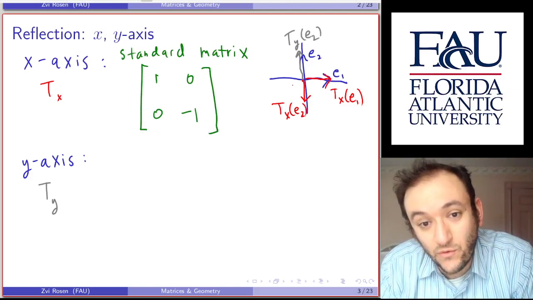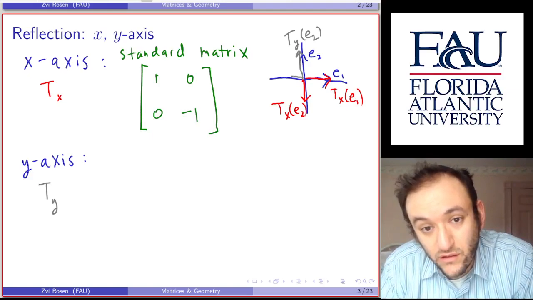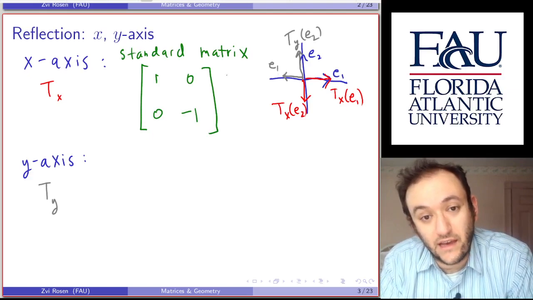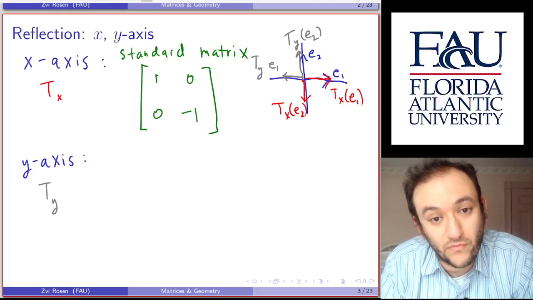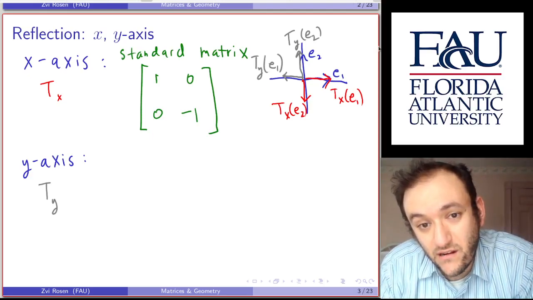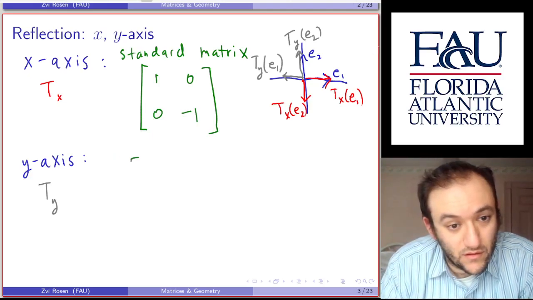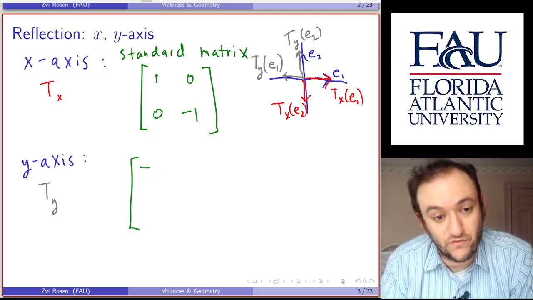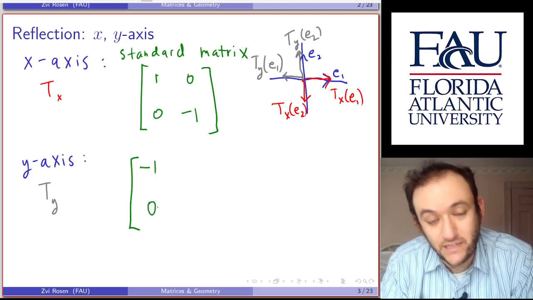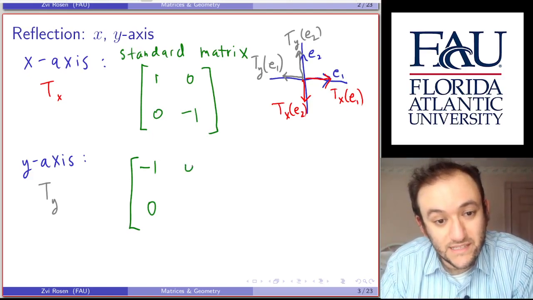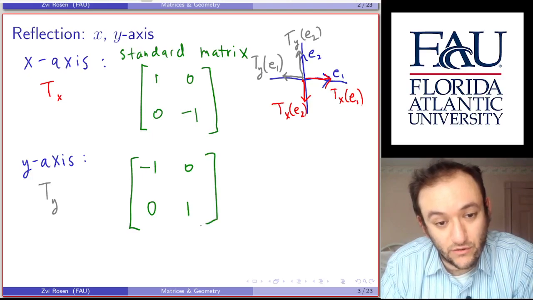On the other hand, e1 goes to the other side, and now that's Ty of e1. So if I want the standard matrix there, it's going to be equal to the value of Ty of e1 in the first column, which is -1, 0, because you get the minus of the first vector, whereas the second vector stays the same, so it's just 0, 1.